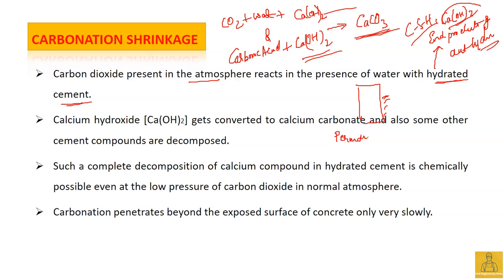If you add more water, if you adopt a higher water by cement ratio, permeability is going to be high. So for carbonation shrinkage to not happen, you have to adopt a lower water by cement ratio, and you have to cure the concrete properly. This will help to control the carbonation shrinkage.